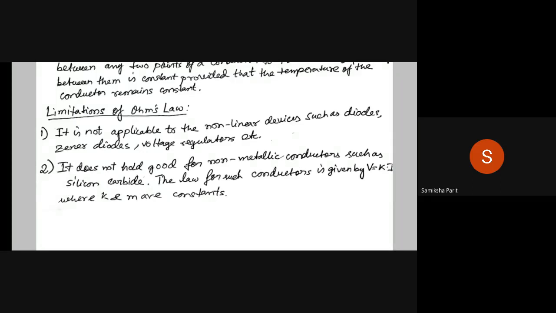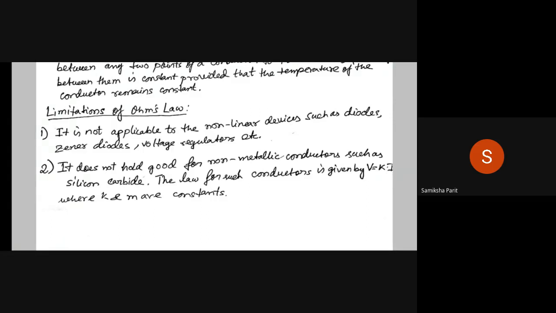Second limitation of Ohm's law says that it does not hold good for non-metallic conductors such as silicon carbide. In such type of material also, resistance depends upon, I just told you the factors on which resistance depends, not only L, A, rho, temperature, but at the same time the type of material is also important.